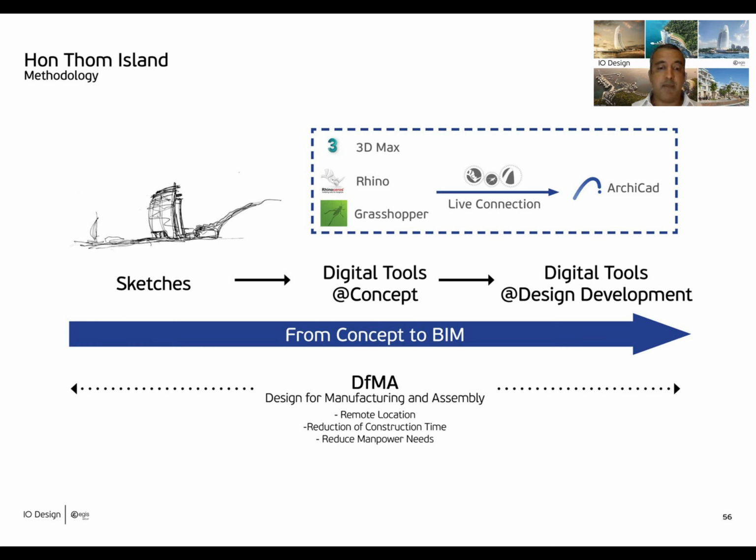This is even more important for this specific project, where there's a remote location and a reduced construction time, and we want to optimize that construction time and also reduce manpower needs and the deployment of people to this site, which is an island of Vietnam's continental territory.